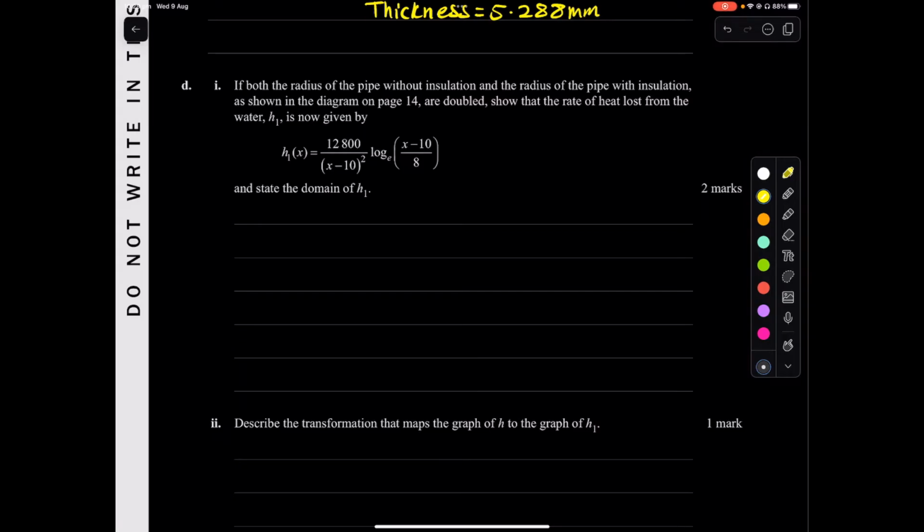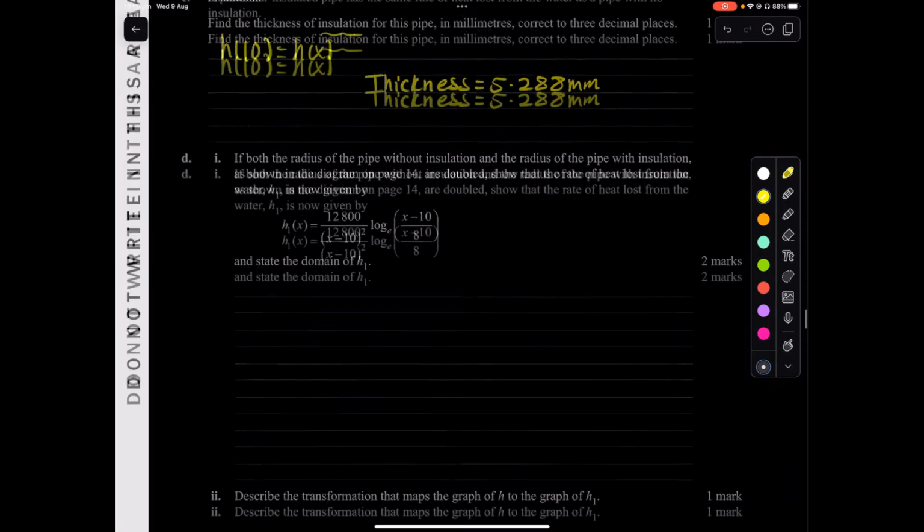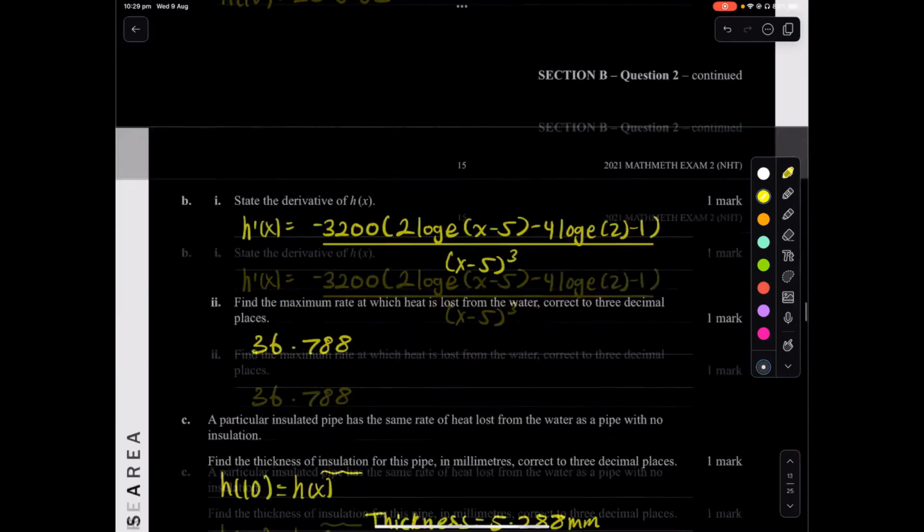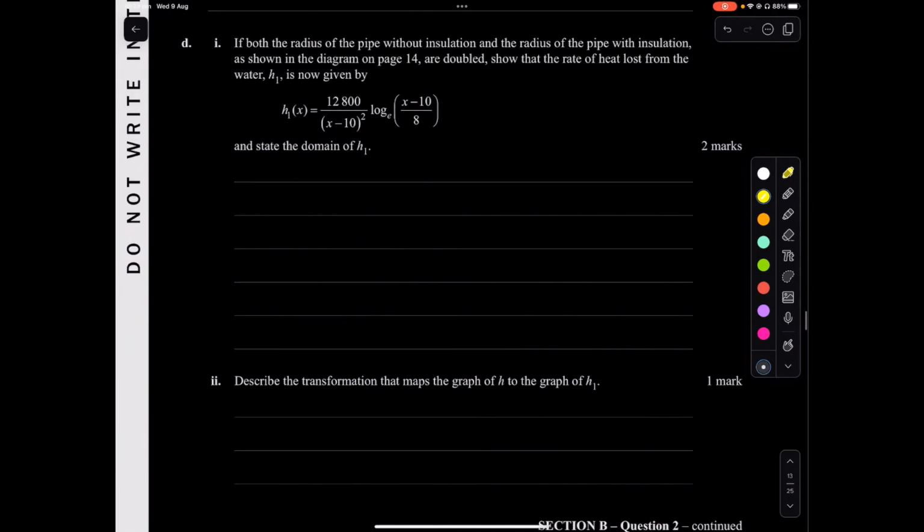Okay. So if both the radii are doubled, so there's a dilation happening here.